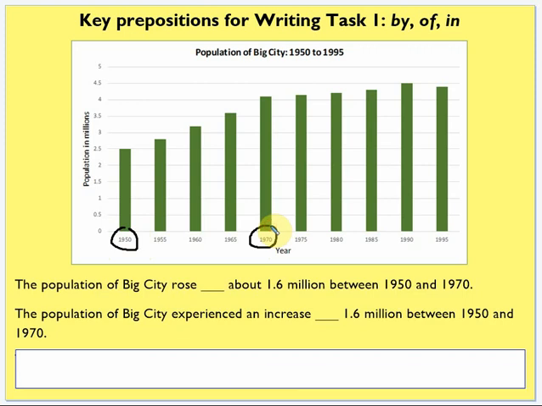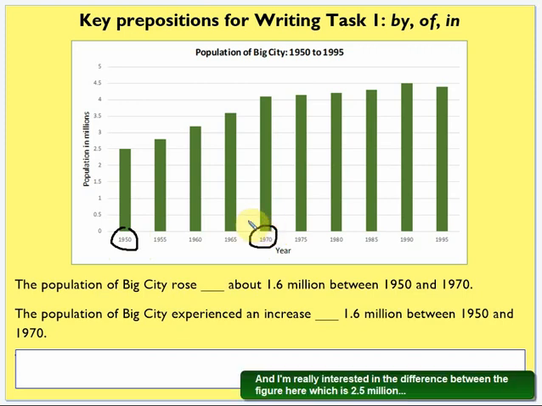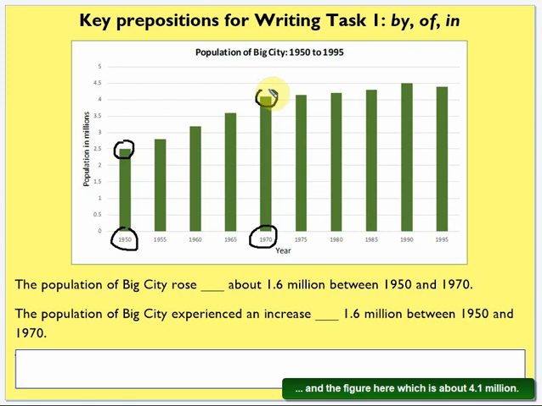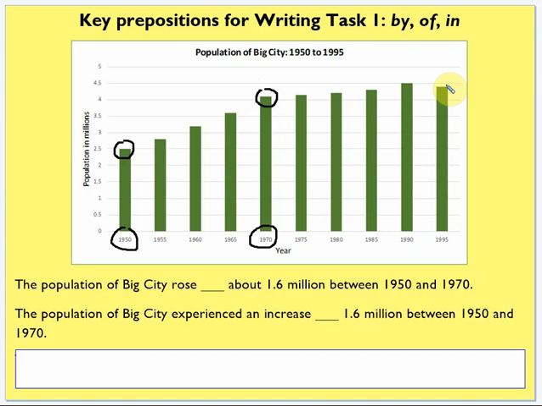And I'm really interested in the difference between the figure here, which is 2.5 million, and the figure here, which is about 4.1 million. The difference is 1.6 million.